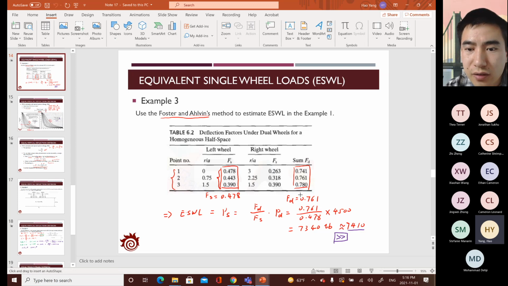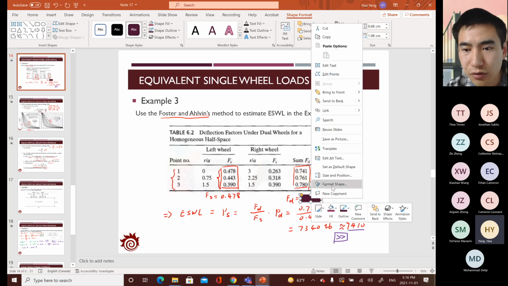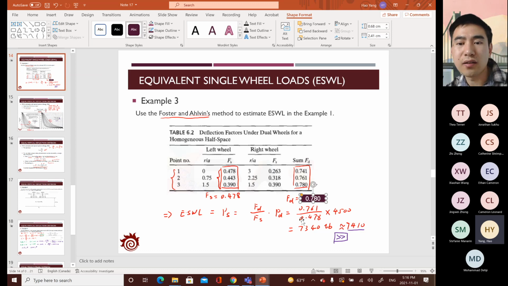So the FD, the deflection angle of the right lane of the dual wheel, should be 0.780, which will also be the maximum value of the last column. And with that, you can recall the formula defined by Foster-Ahlvin, and you have PS equal to FD divided by FS times PD.